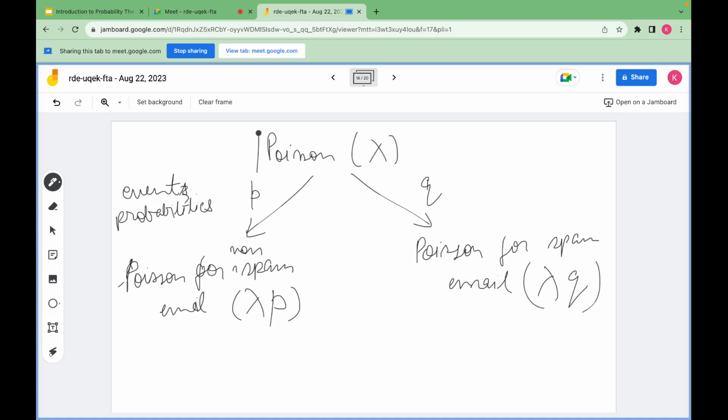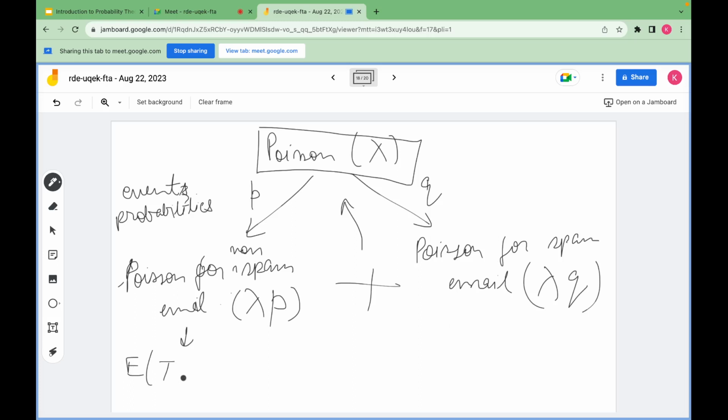So we split our actual Poisson distribution into two different Poisson distributions, and the summation of these two is our actual Poisson distribution.